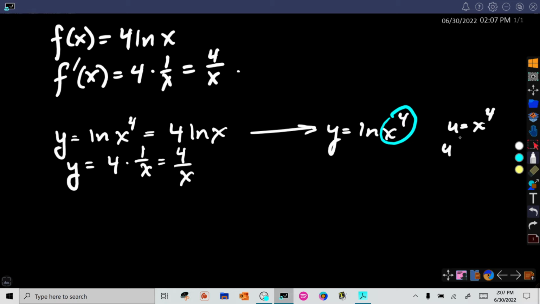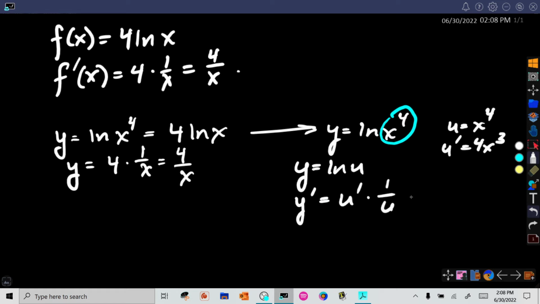The derivative, u prime, is 4x to the 3rd. So if I use the chain rule, say y is equal to natural log of u, then the derivative is equal to u prime times 1 over u, which in this case is going to be 4x to the 3rd times 1 over x to the 4th, okay?